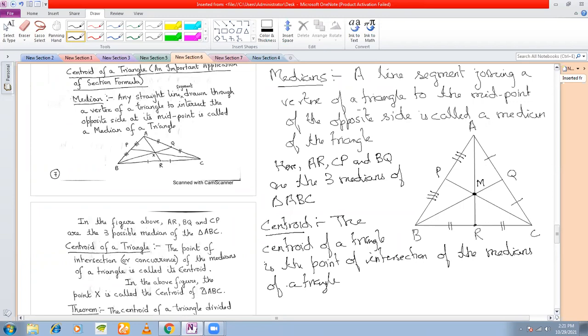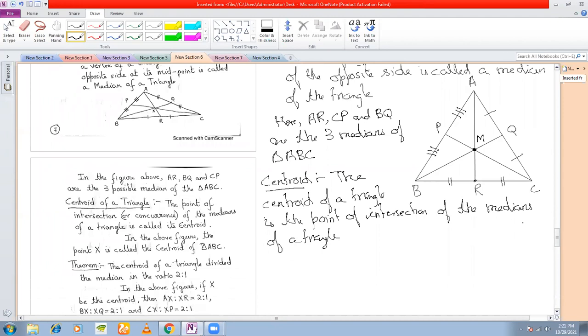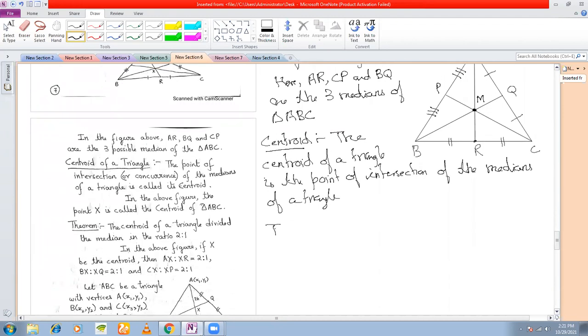Okay. So now once we know the definition of medians and centroid, there's a small theorem that you must know. We only apply this theorem. We don't need the proof of this theorem, that the centroid of a triangle divides the median in the ratio 2:1.